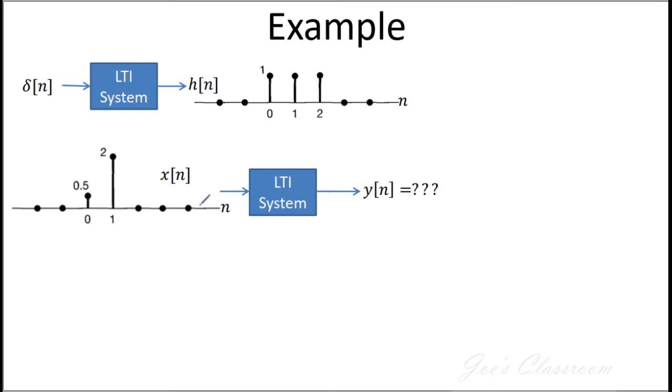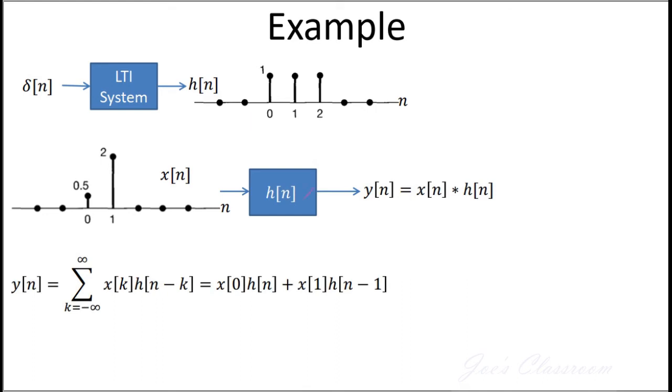So, obviously, what we know is this h of n and this x of n. From the discussions we had, we can represent this LTI system by this impulse response h of n, and the output y of n is given by the convolution of the signals x of n and h of n.